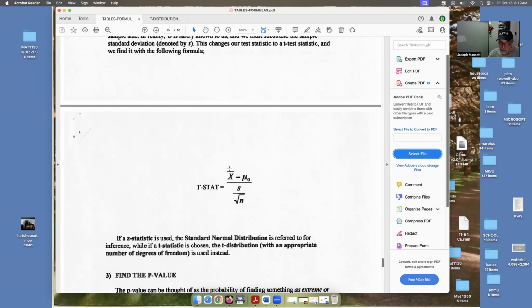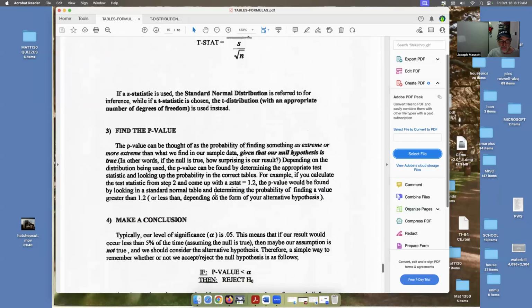And it takes this form. Again, same general form: sample statistic minus hypothesized value. The thing that changes is the standard deviation of the sample statistic. If we don't know sigma, we have to use S, the sample standard deviation. And so our standard deviation of the sampling distribution becomes this expression.